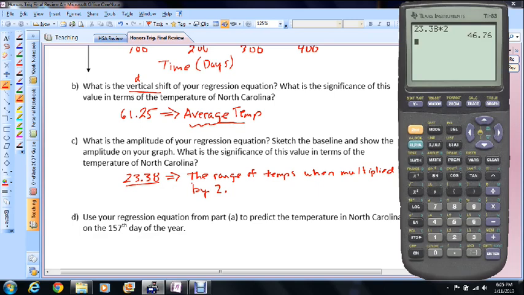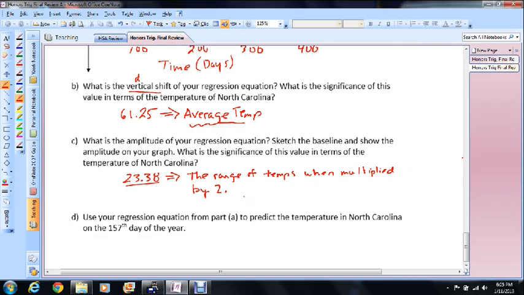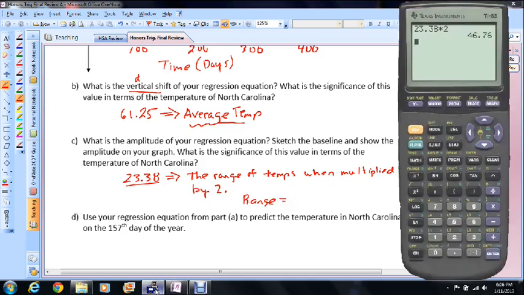So our range, let's go back to our problem here, the range, if they asked us for that, equals 46.76.